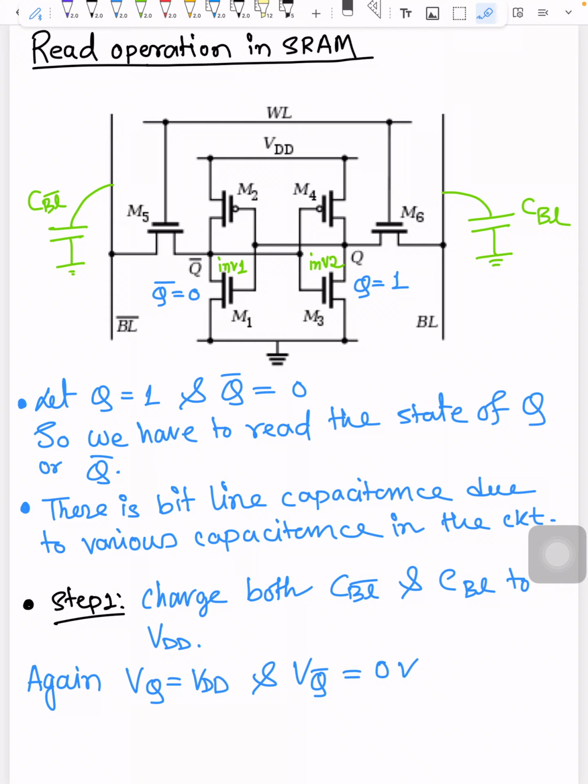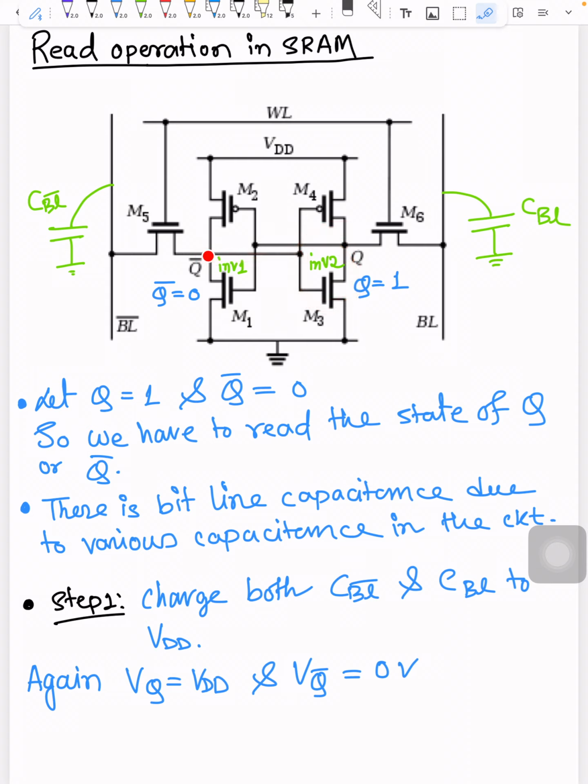Now the crucial thing is that once it discharges through this path, the voltage drop across M1 increases. But we want that this particular voltage should not be greater than the threshold voltage of inverter 2, because this particular point is directly connected to the input of inverter 2.